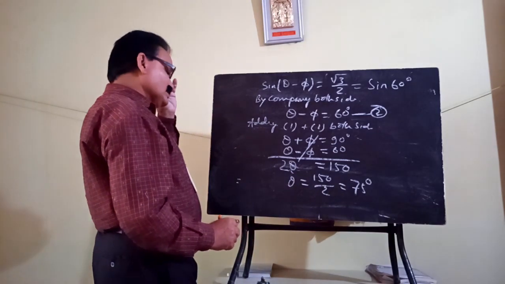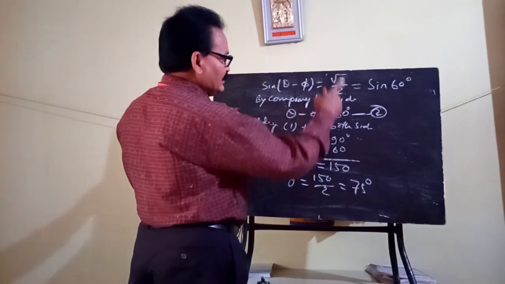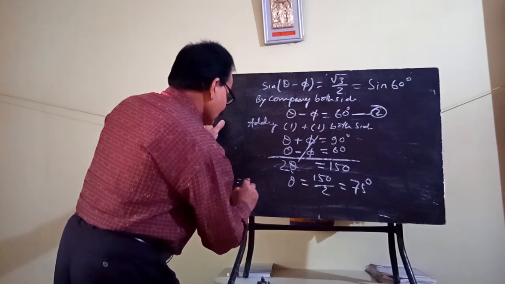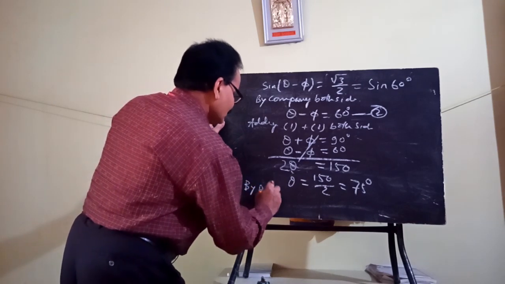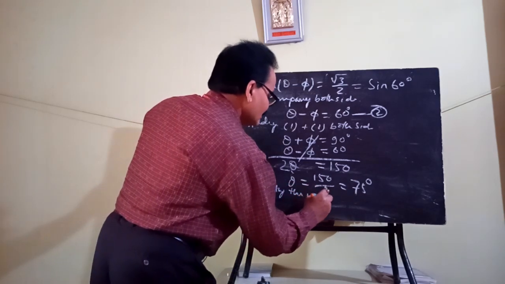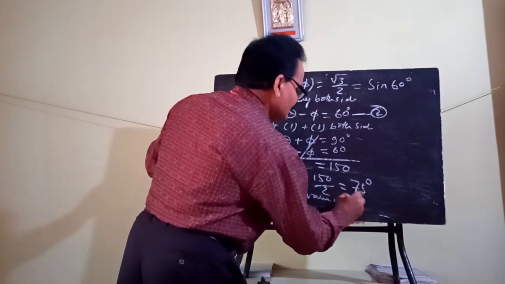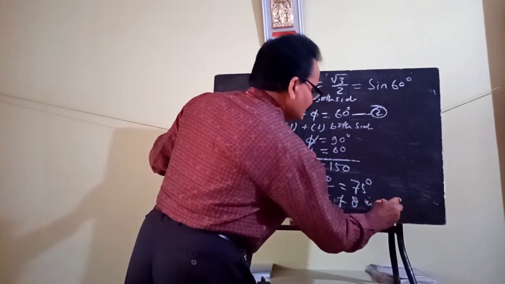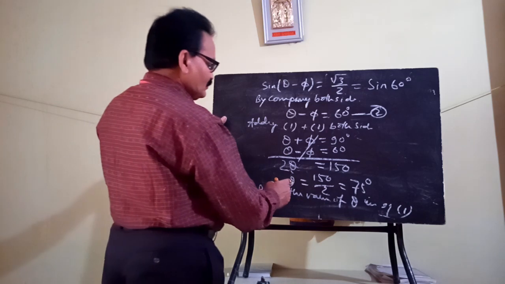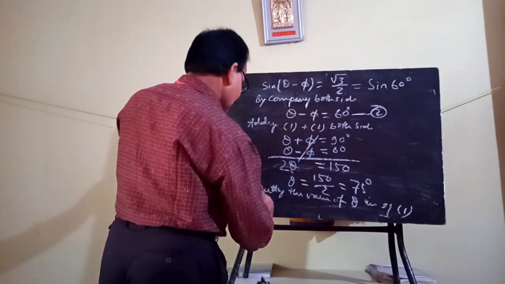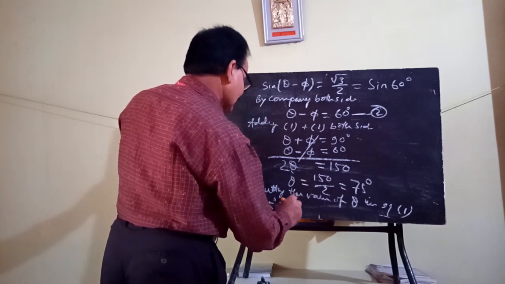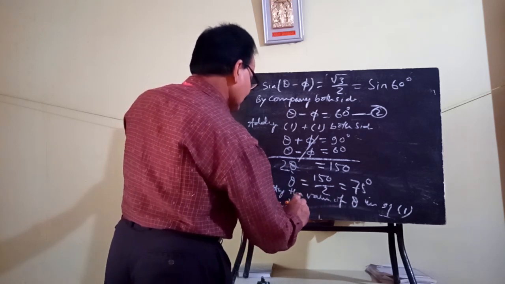Okay. Now substitute the value of theta in equation 1. So what will happen? By putting the value of theta in equation 1, when you put theta is 75, so 75 degree plus phi is 90 degree.